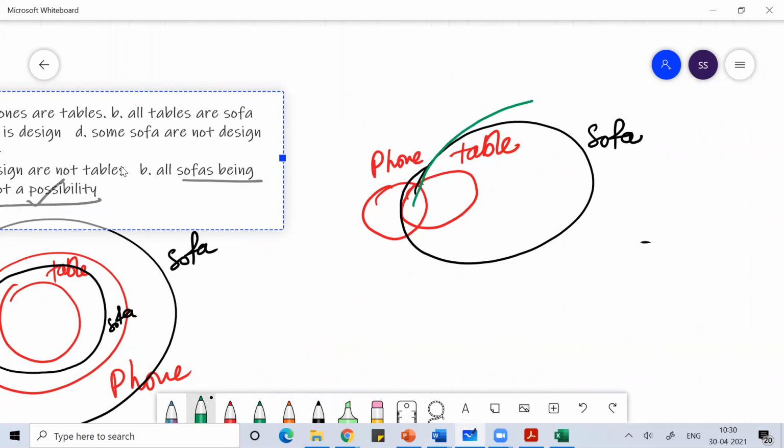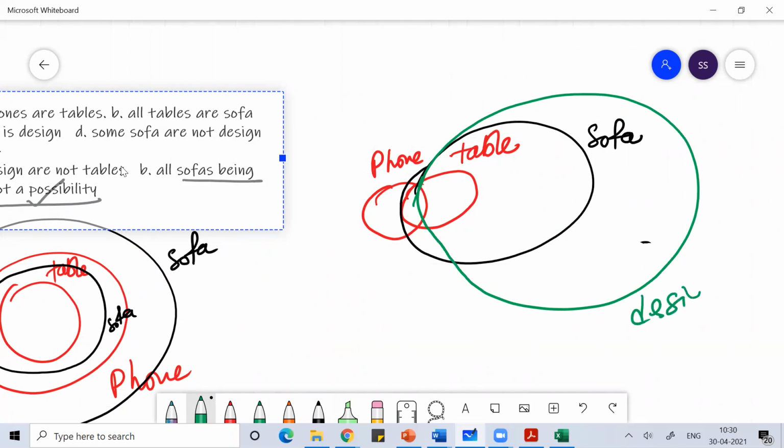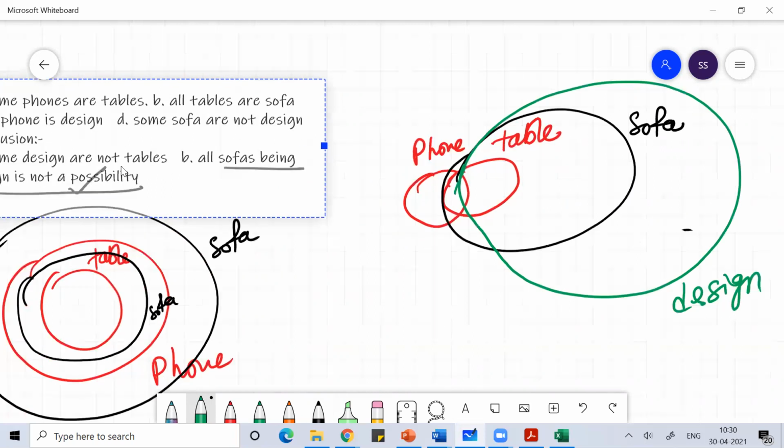When you see sofa and design, there will be some part of sofa which cannot be designed.